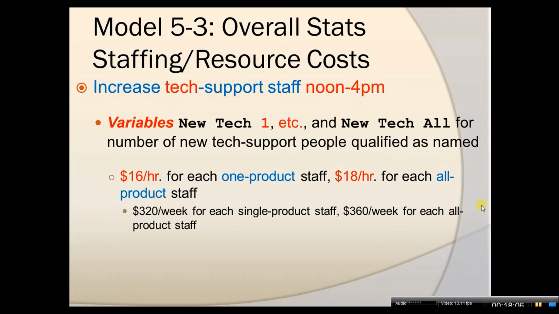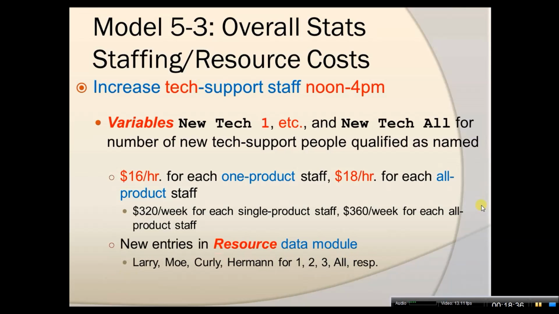And so for the 1 product staff people, we're going to get $320 per week, because we have a 4-hour day for those people and then 5 days. So 4 by 5 is 20. So then 20 by 16 is 320 per week. And similarly, 18 by 4 by 5 is going to give us 360 per week for each all product staff person. And so we'll use that information later when we define the overall operational costs.